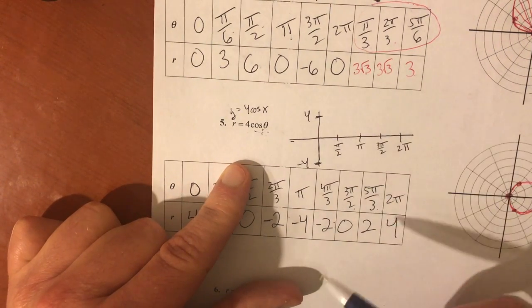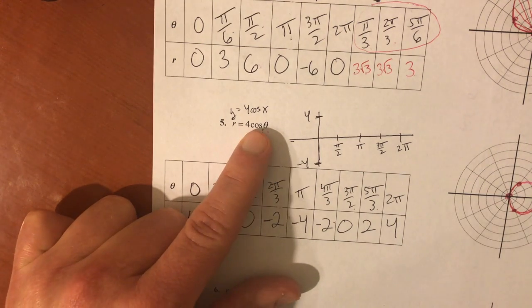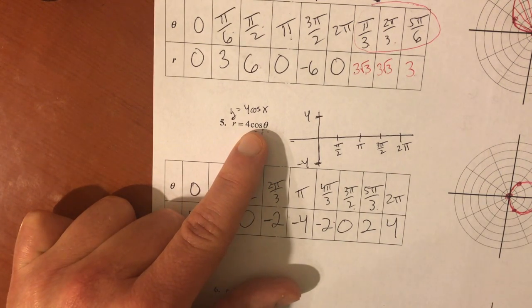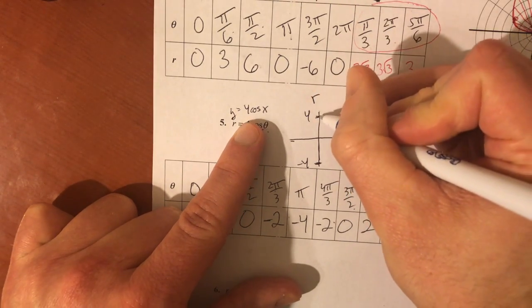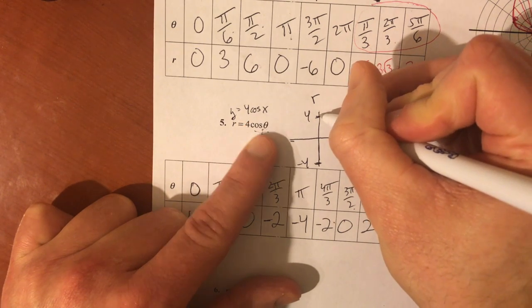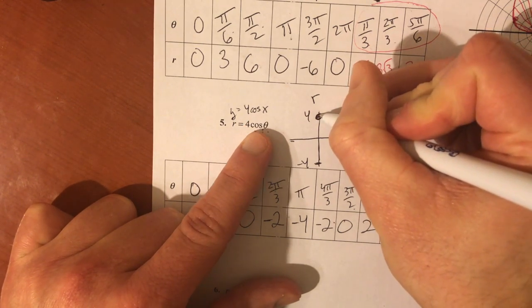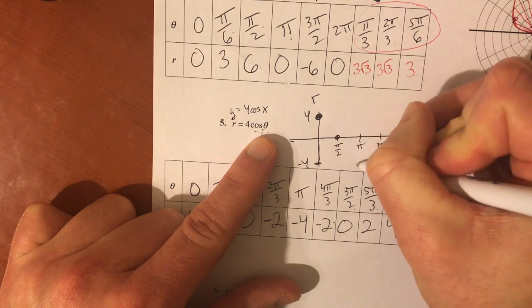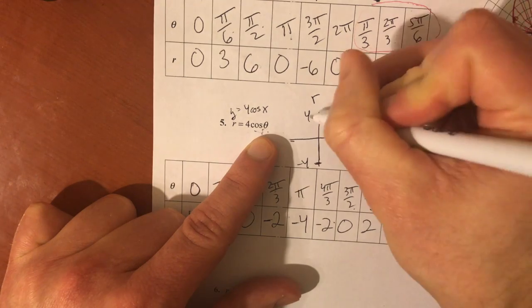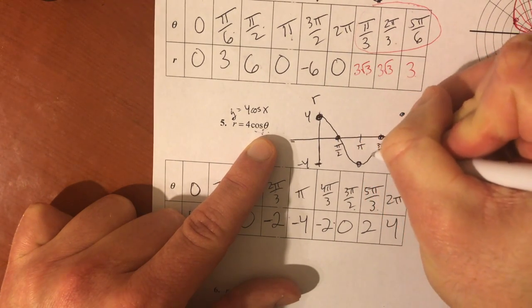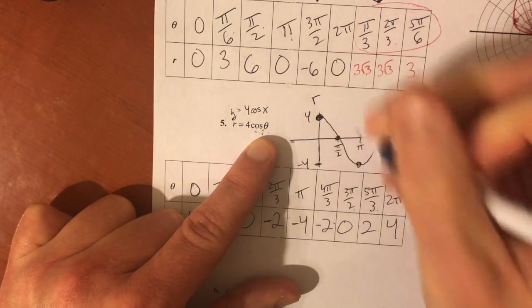We haven't shifted it up or down. And with positive cosine, that starts at the top of the crest, the top of the wave. So 0, 4. And then at pi over 2, you're down to 0. And then pi, you're down here. And then 3 pi over 2, 0. And there was your positive cosine graph.